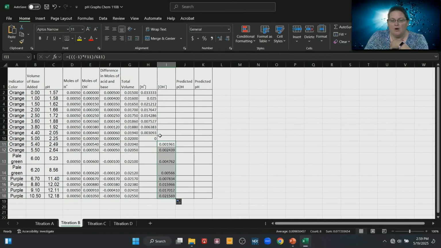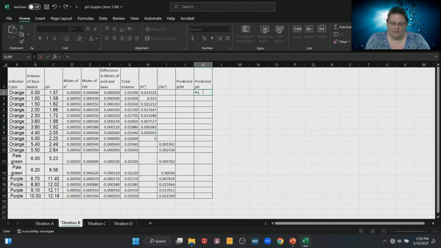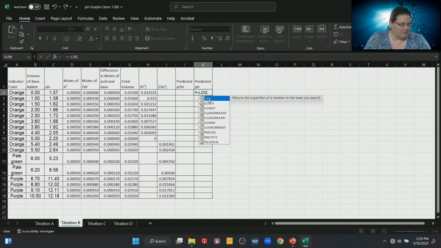For this top part, all I have to simply do now, for this column, is plug in your data, and the pH is equal to the negative log of the concentration. So to get our predicted value of pH, we're going to hit equals negative log. So it's showing you that we've got that log value.